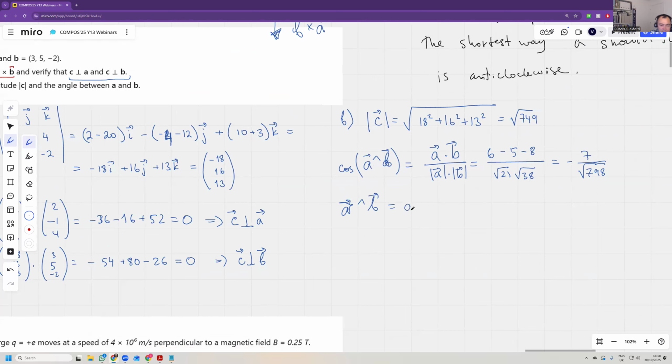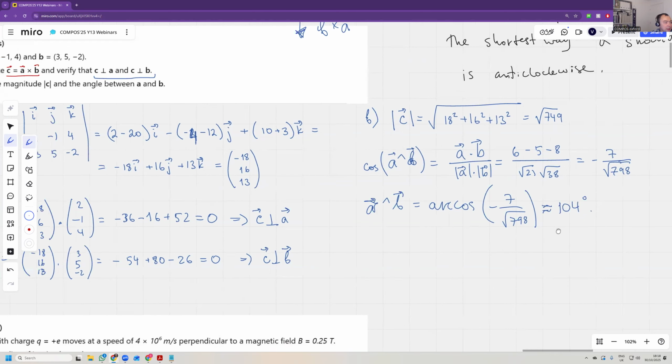The angle between A and B is arccos of minus 7 over root 798, which is arccos of minus 7 divided by root 798, divided by pi multiplied by 180. That's 104 degrees, approximately, of course.